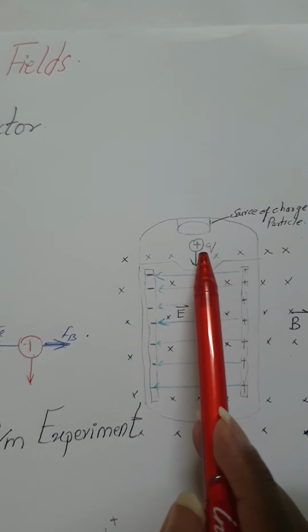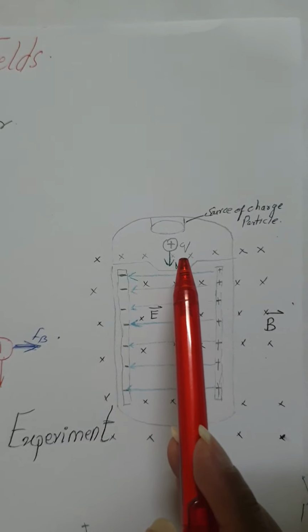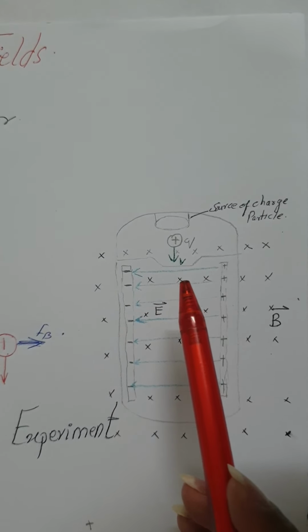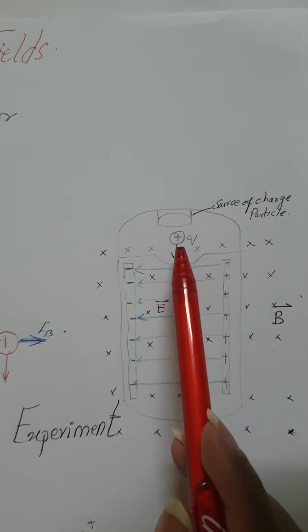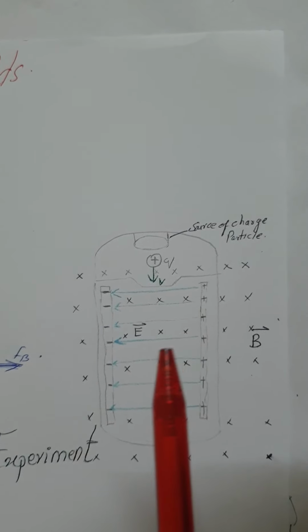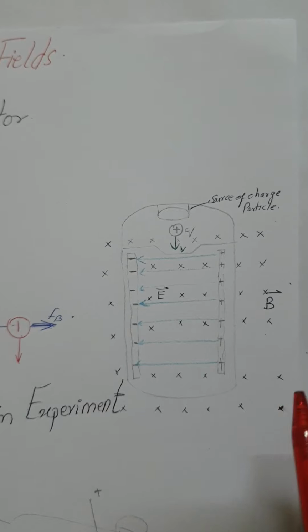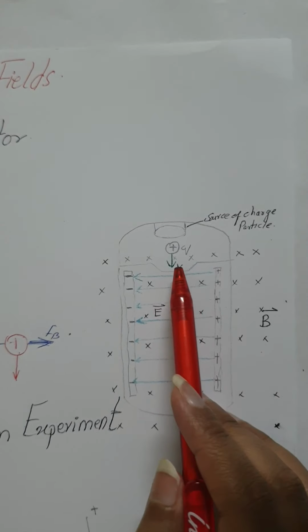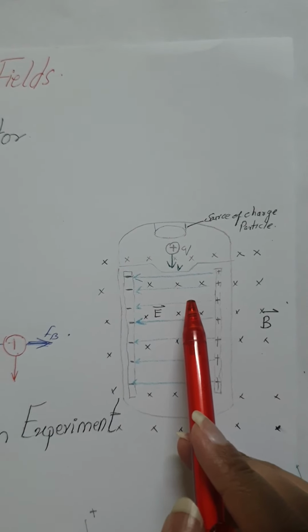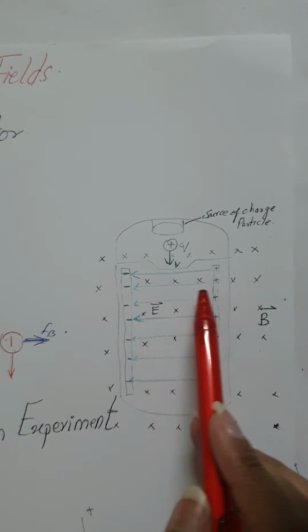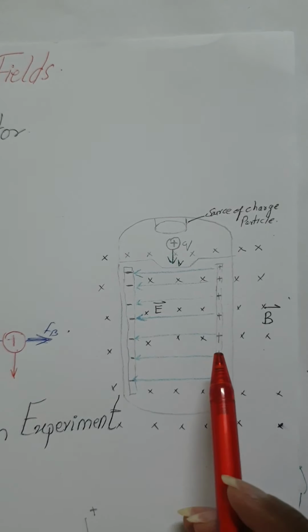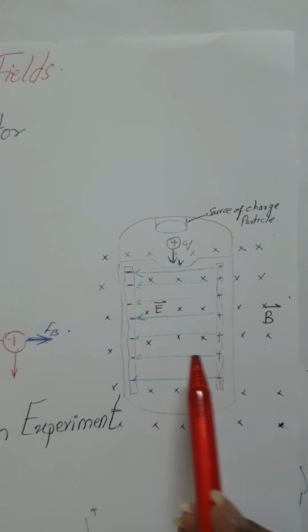Not all the particles move with the same speed. So particles of some specific speed are selected from the beam using an arrangement of electric and magnetic field, and this arrangement is a velocity selector.